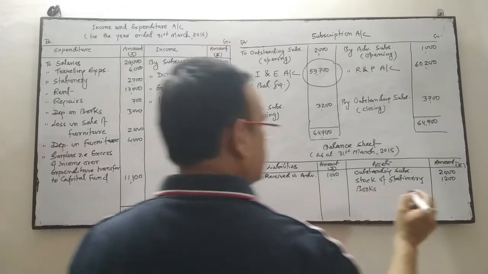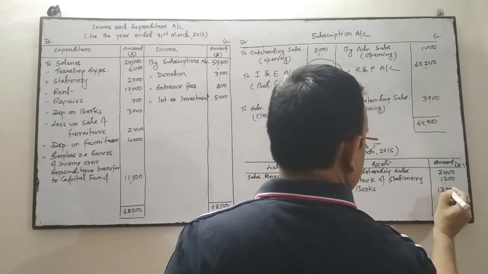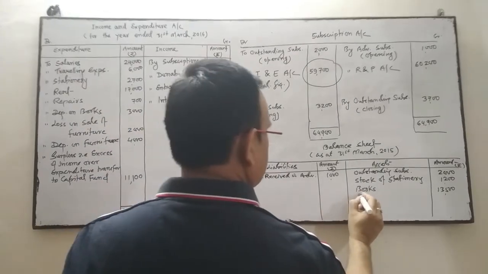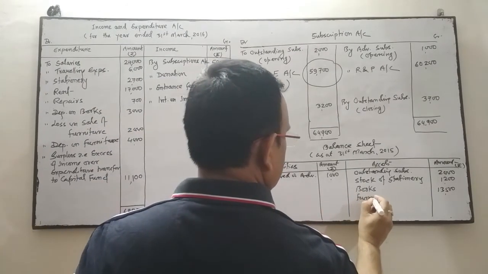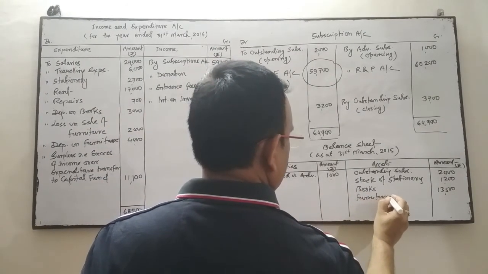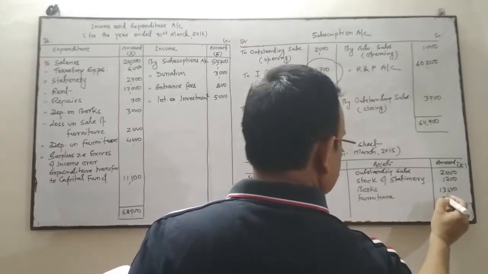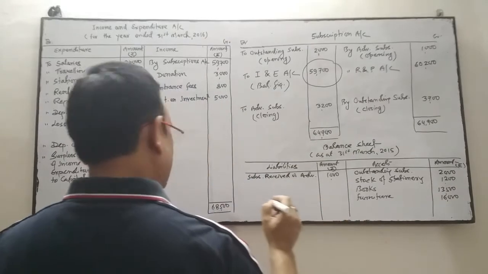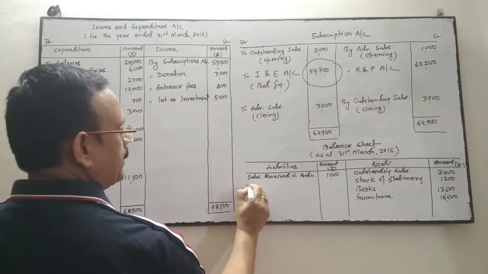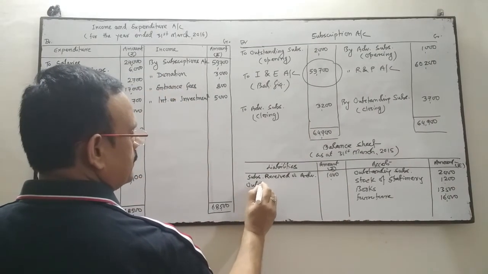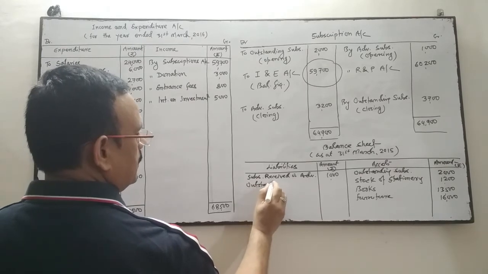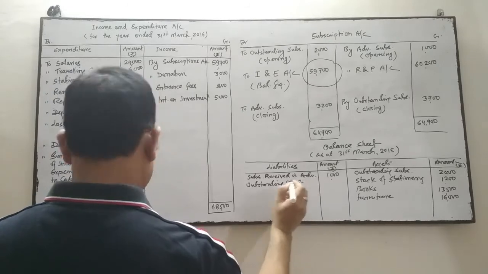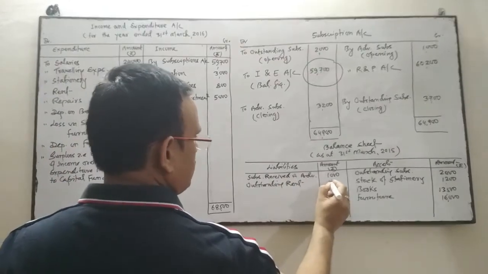This is 13,500. Next is furniture. This is 16,000. Next is outstanding rent. It's a liability. Outstanding rent liability is 1,000.